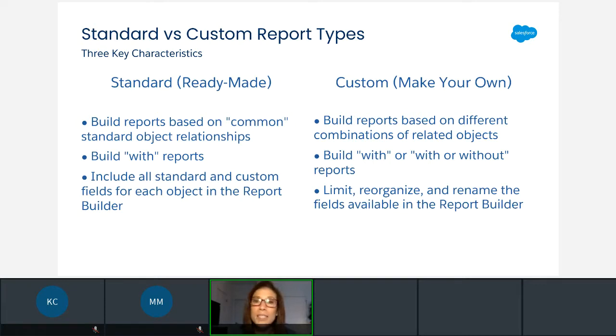Remember that my standard report types, those ready-made options, reflect those common object relationships. You're going to look at inner joins. So think back to that Venn diagram. When am I capturing the overlap between those two objects? And you'll automatically include all of these standard and custom fields for each of those objects in the report builder. But if those don't work for you, you have the option to create a custom report type.